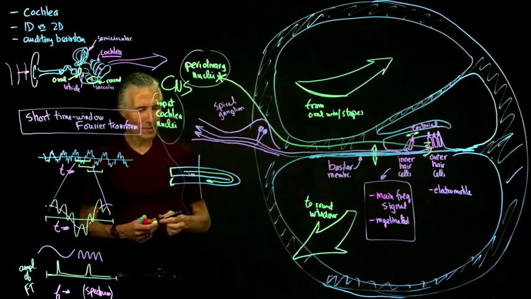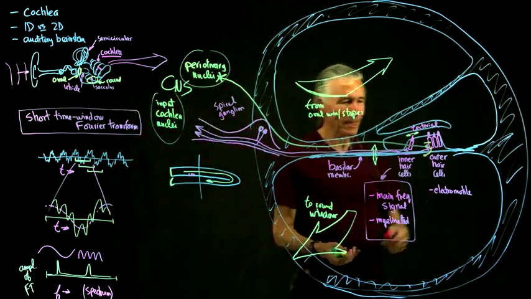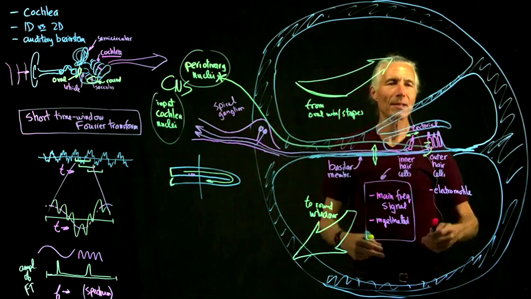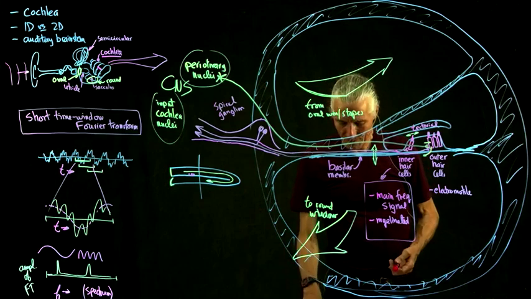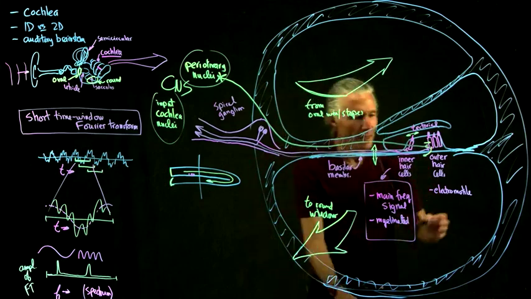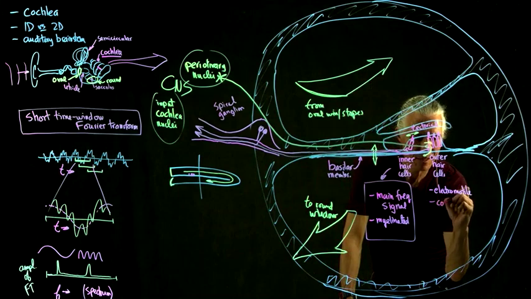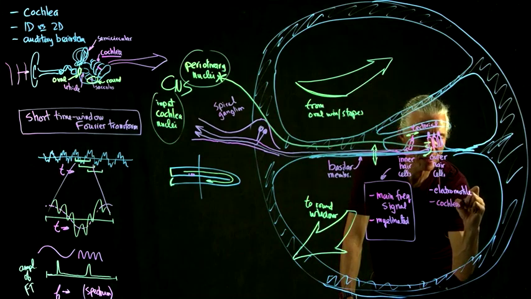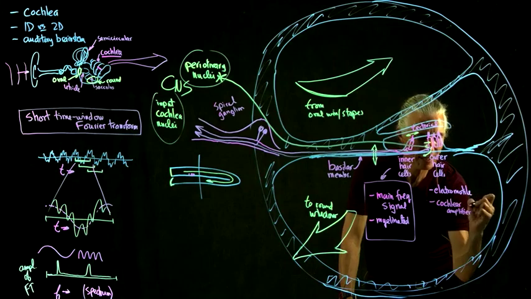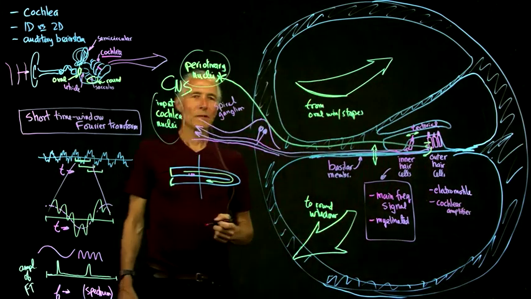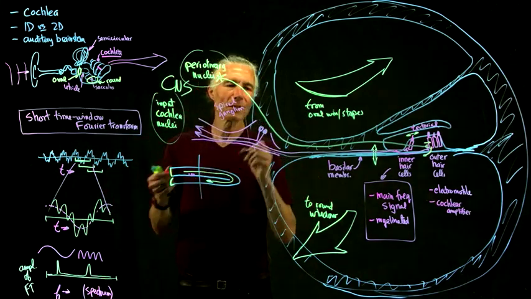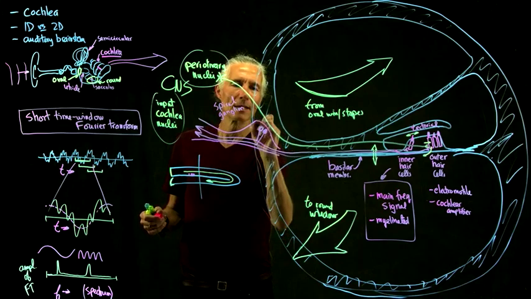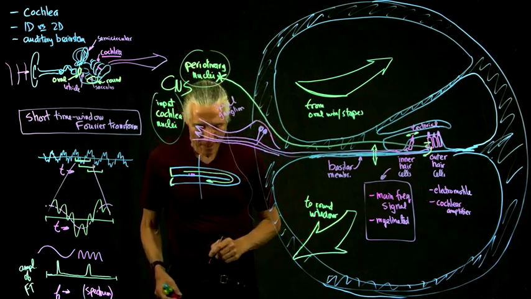These guys are electromotile, so the central nervous system can cause them to contract and condition the signal. And so these have been called the cochlear amplifier. The idea is that, especially through some signals coming out of the central nervous system, they condition the signal.